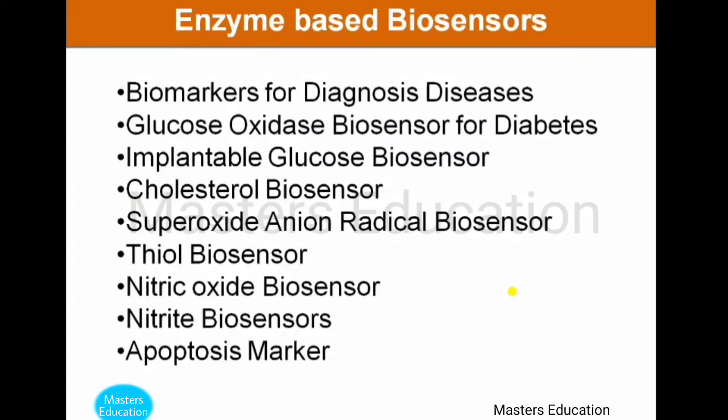Next, this slide shows some examples of enzyme-based biosensors, such as biomarkers for diagnosis of diseases, glucose oxidase biosensors for detecting diabetes, implantable glucose biosensors, cholesterol biosensors, superoxide anion radical biosensors, thiol biosensors, nitric oxide and nitrite biosensors, and apoptosis markers.